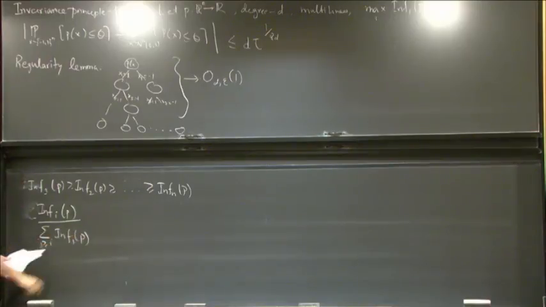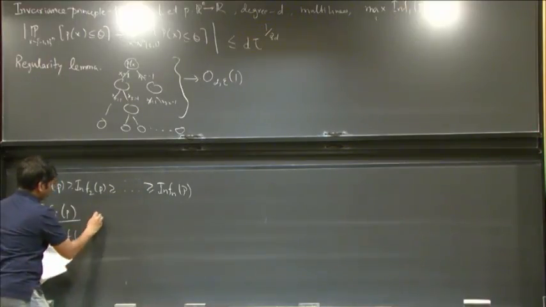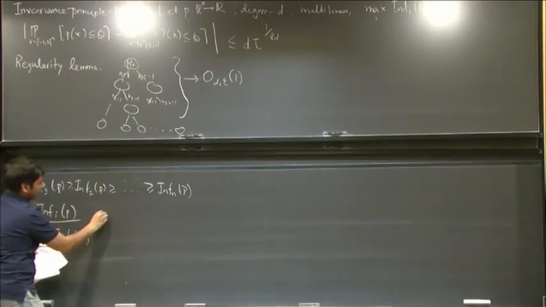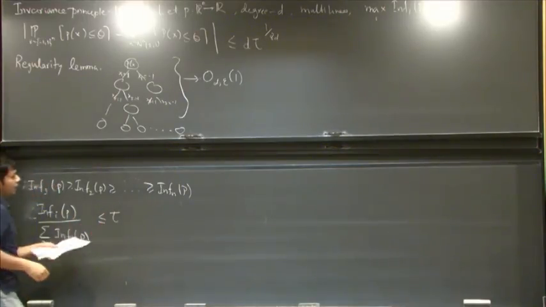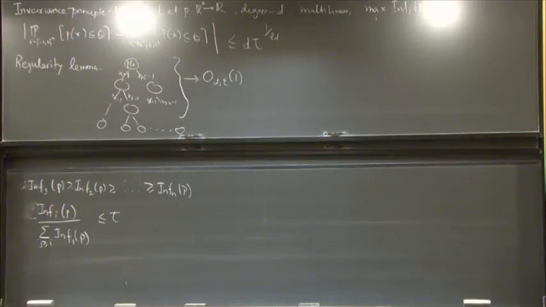And we find the first index i such that this is less than or equal to tau. So note that earlier we were dividing it by the variance. If the variance is 1, the sum of the influences is certainly bigger than 1. Sorry, I'm being a bit confusing here.